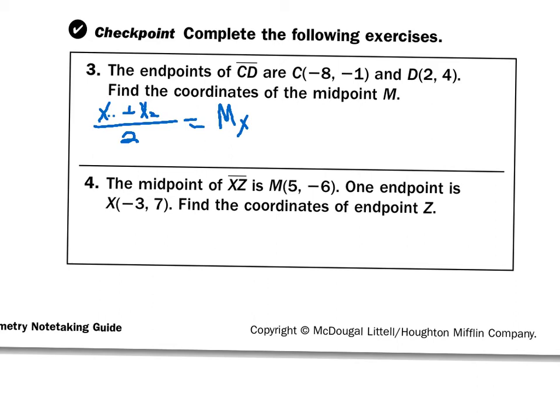On 4, they give you one endpoint and the midpoint, so you're going to say x1 plus just a plain x, over 2, equals the midpoint x that they give you right here. And so this number will go right here. Multiply both sides by 2 and solve for x. Do the same thing with the y.